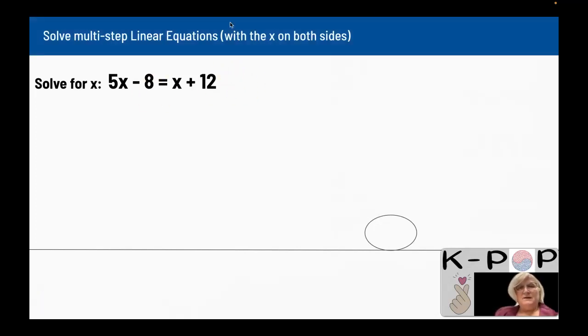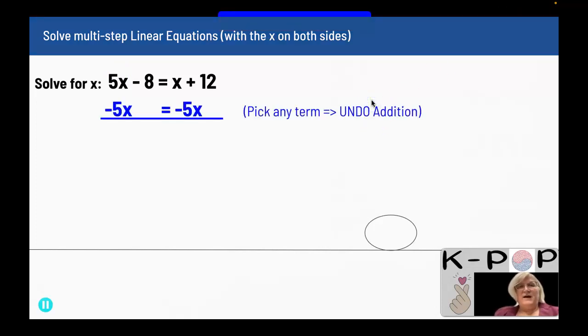In this one example, I'm going to pick 5x to move to the other side of the equation. 5x is a positive, so to move it, I can only add or subtract. So I'm going to subtract 5x from both sides of the equal sign. So when I subtract 5x from both sides, I end up with negative 8 equals negative 4x plus 12.